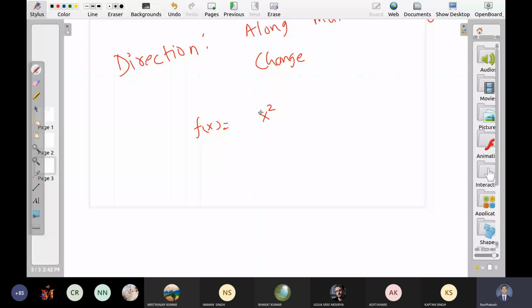Without any mathematics, can you please tell me what is the direction of maximum rate of change in xy plane? ये फंक्शन किस डायरेक्शन में मैक्सिमम चेंज शो करेगा?